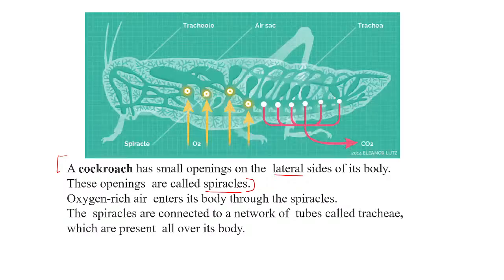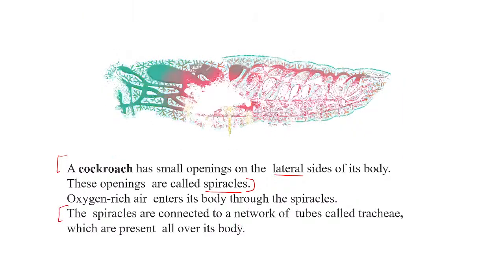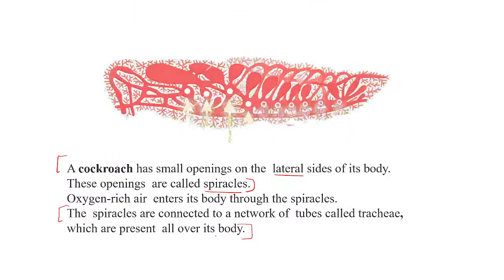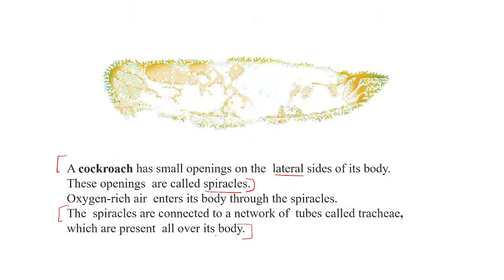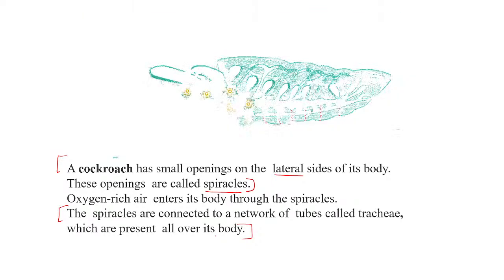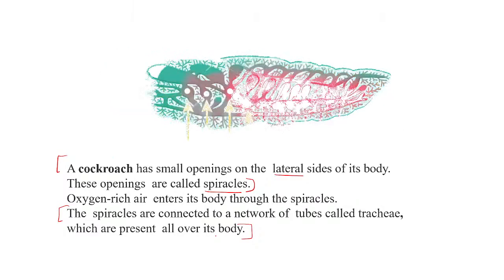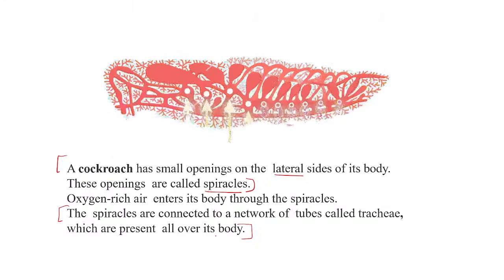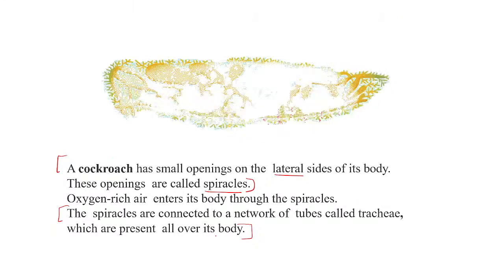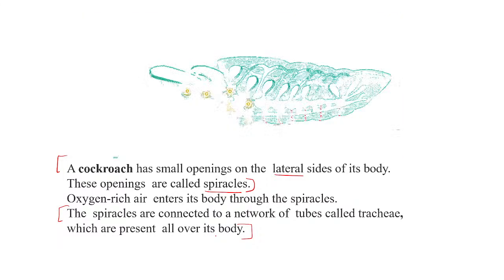With the help of this tracheal tube, exchange of gases will take place, and the oxygen-rich air is supplied throughout the body of a cockroach. And that's how the further respiration process takes place inside the body of a cockroach.